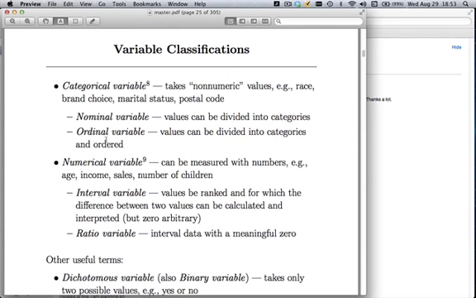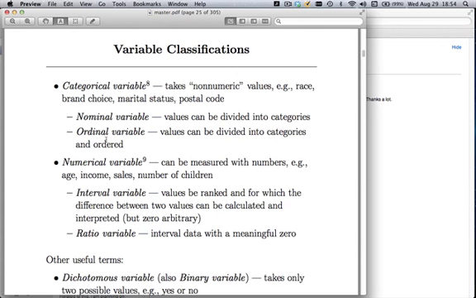So things like the median require us to sort the data from smallest to largest. So we need ordinal data in order to do that sorting, because for me to sort, I have to answer the greater than question. Likewise, within numerical variables, there are two subclasses, interval and ratio.